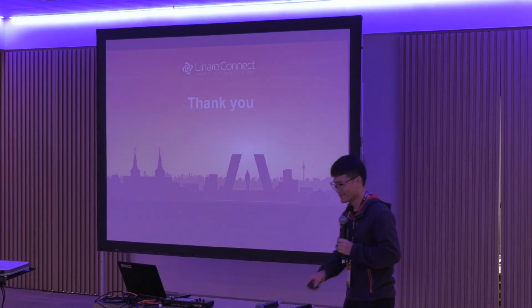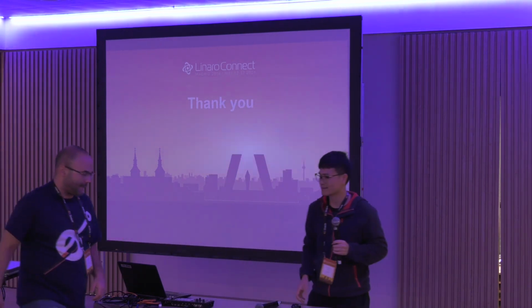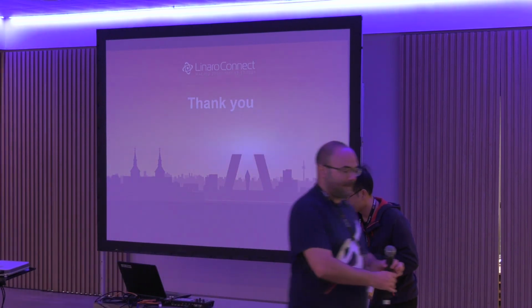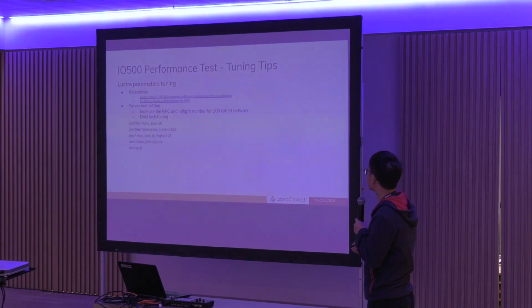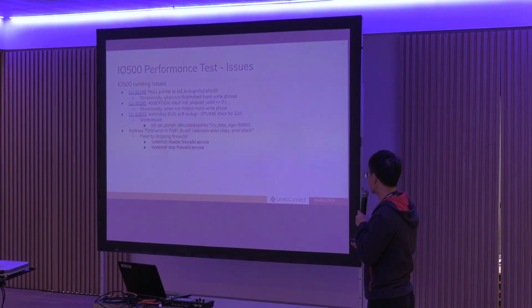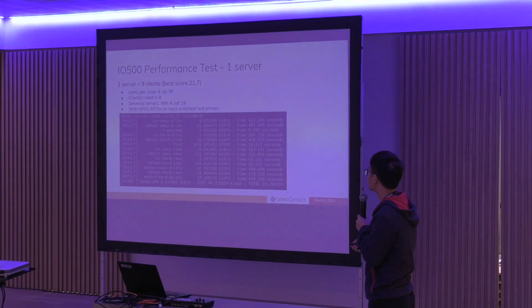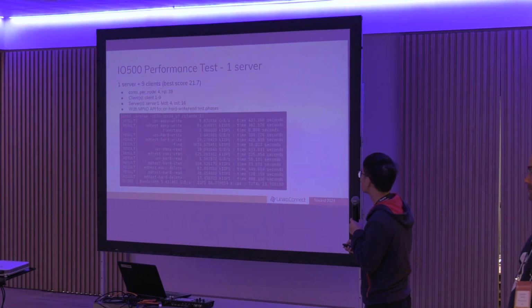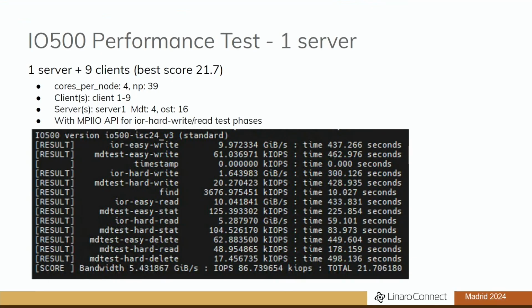I do have one question. You mentioned that we can get a 21.6 score in IO500 testing. So my question is, what score do x86 machines usually get?